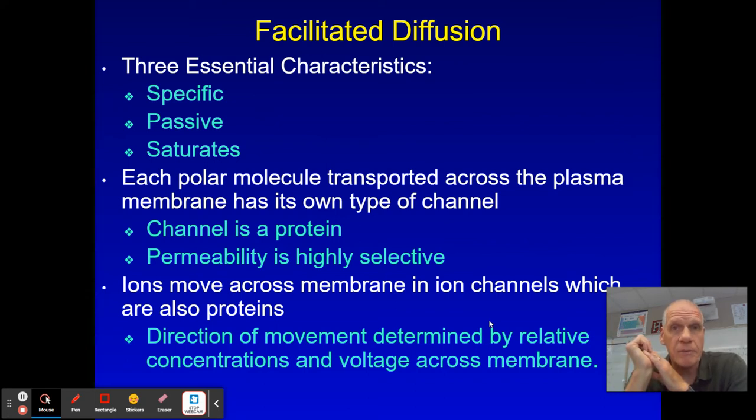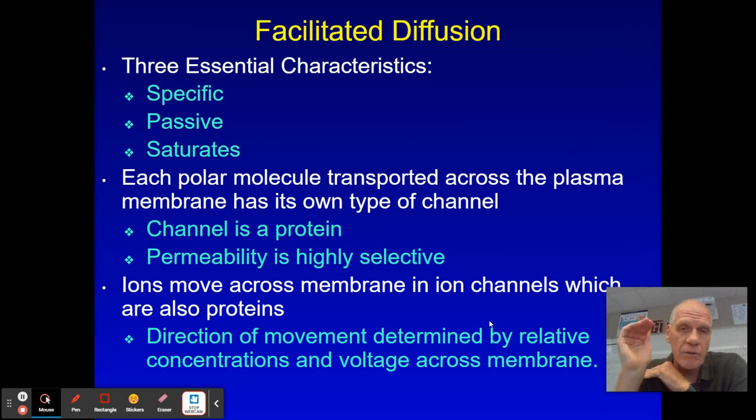It's very specific, meaning that a glucose transport protein will only transport glucose. A sodium ion transport protein will only transport sodium ions and not chlorine, and so on and so on. It is passive, meaning it does not require energy, and it will go as fast as there are proteins, in terms of the number of proteins.